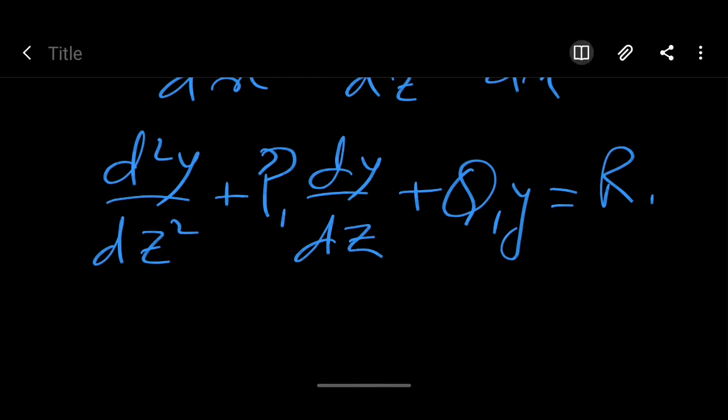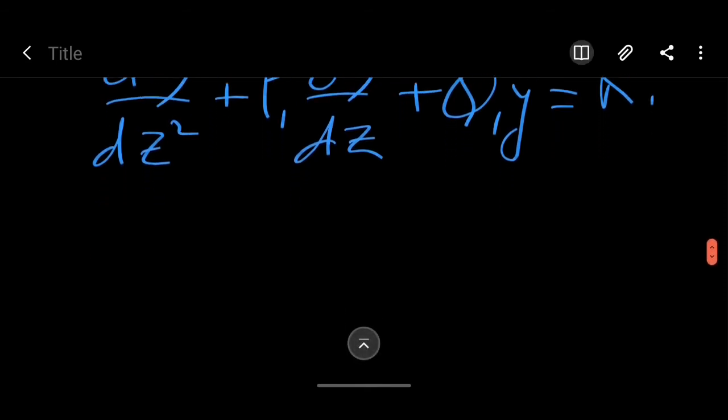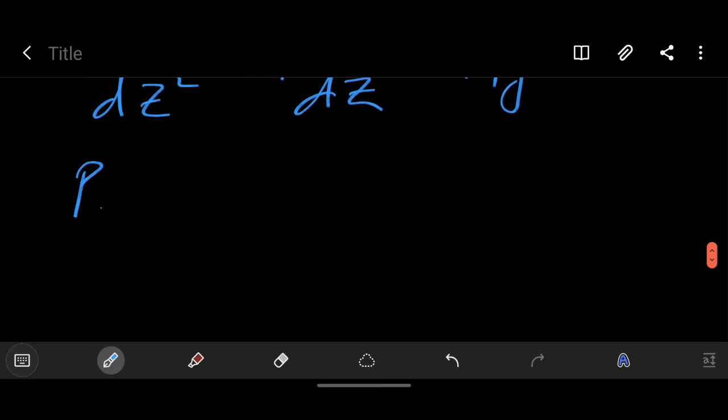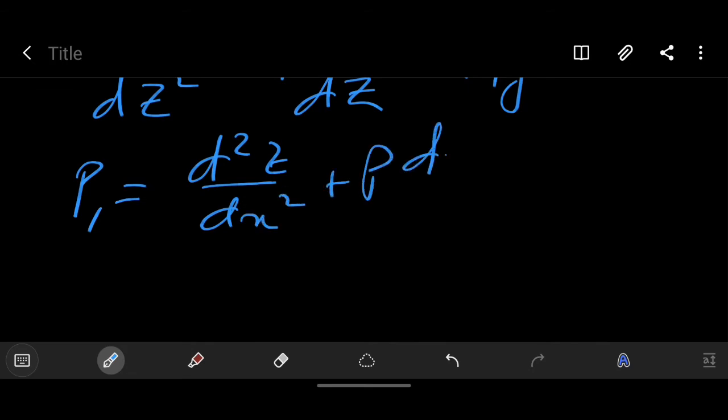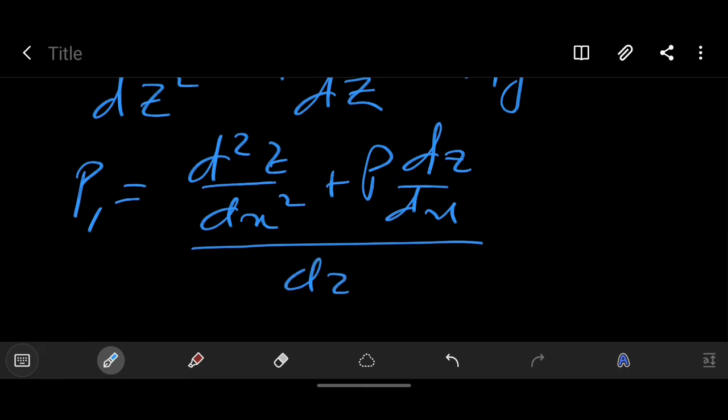And if you solve this, you can take p1 as (d squared z/dx squared plus p dz/dx) all divided by (dz/dx) whole squared. So this is our value for p1.